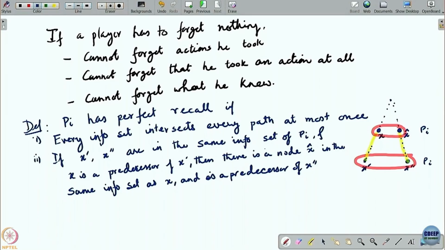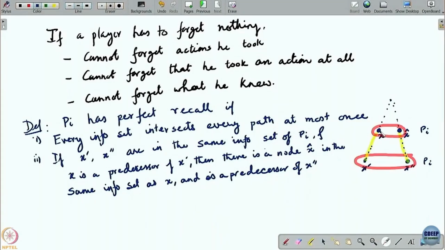So now, can these two nodes be the same? Can x and x hat be the same? He would have forgotten the action. See, if these two nodes are the same, that means these two coalesce into one, right? Then what must be the case? That means after he has taken two different actions, one has led the game down the path to x dash, the other has led the game down the path to x double dash. But now he cannot distinguish between x dash and x double dash, right? So up till this node x, he had remembered what had happened.